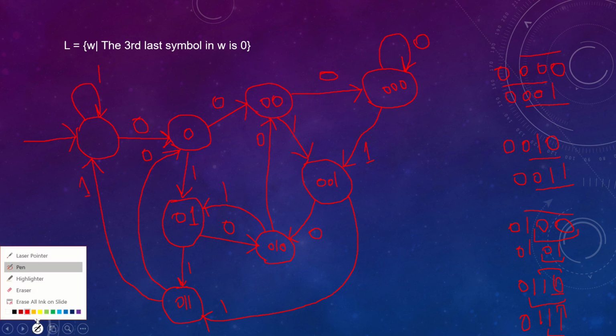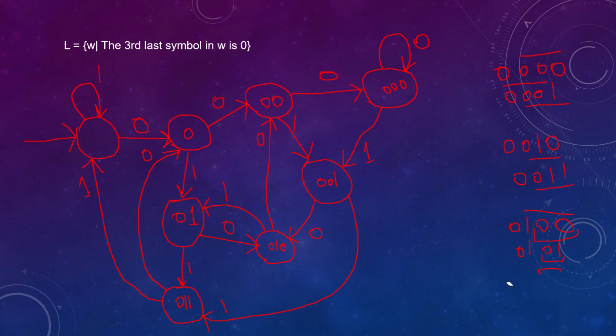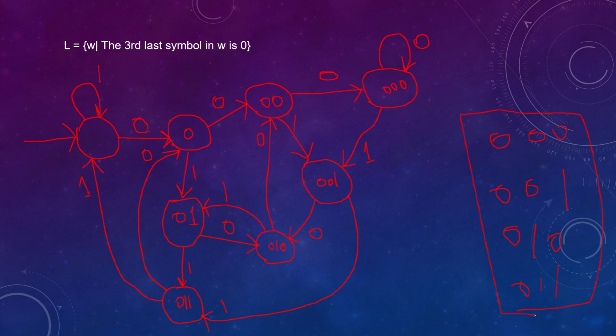Now what will be our final states in this DFA? Can you guess it? So if you look, you will see that this 000 state, this 001, 010 and 011, these four states have 0 as the third last symbol.